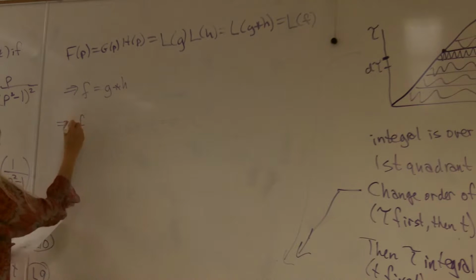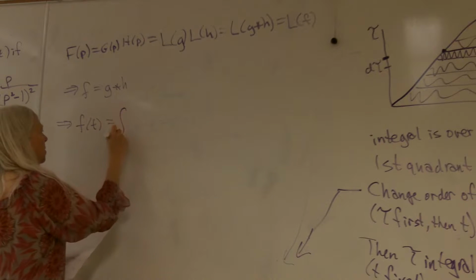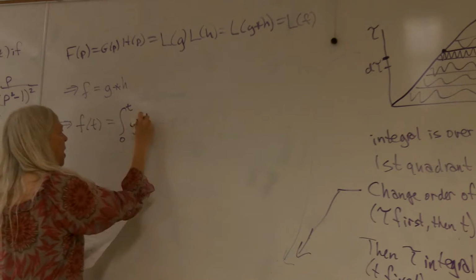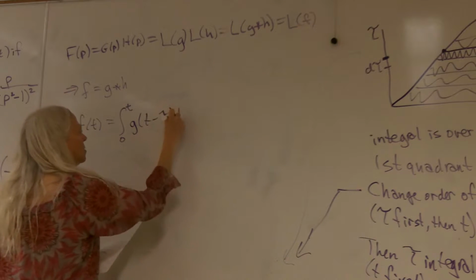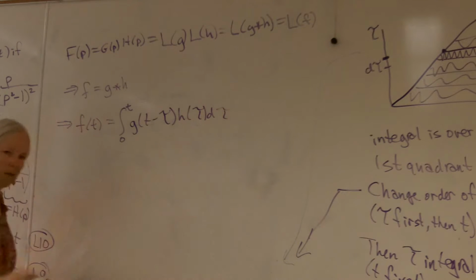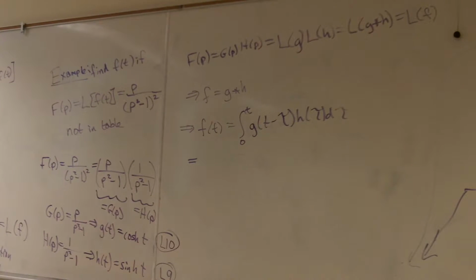So in other words, f of t will be equal to the integral from 0 to t of g of (t minus tau) times h of tau d tau. That's the definition of the convolution. So let's plug in what our functions g and h are. g is cosh, but the argument is not going to be just t or just tau.